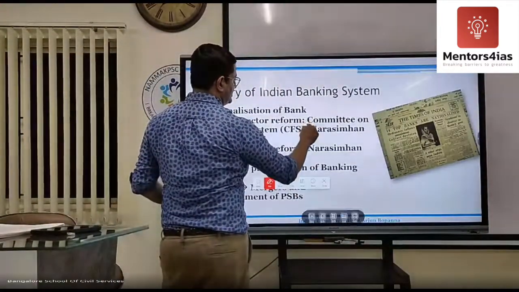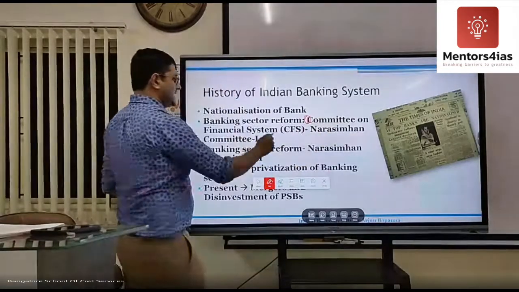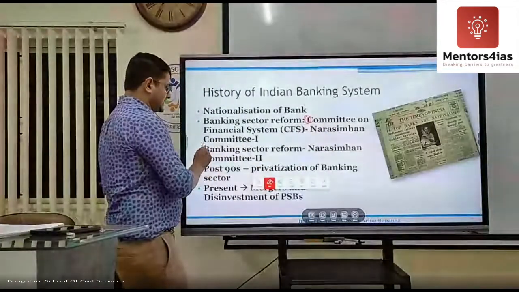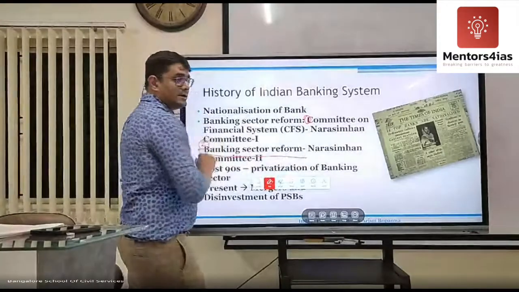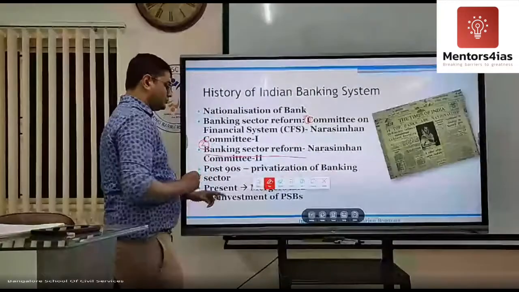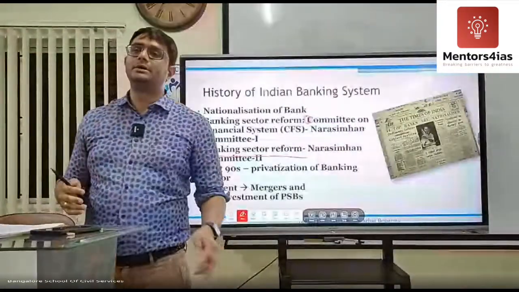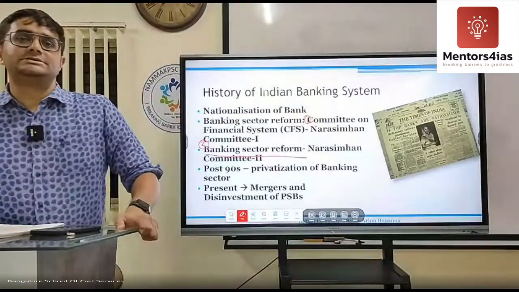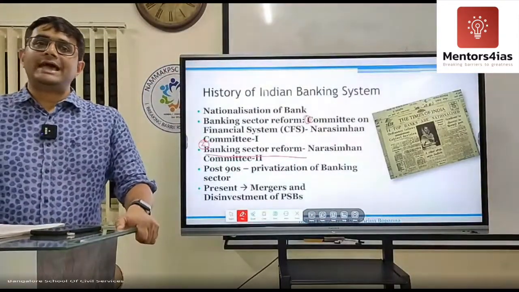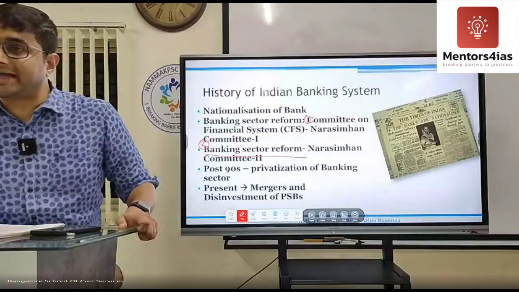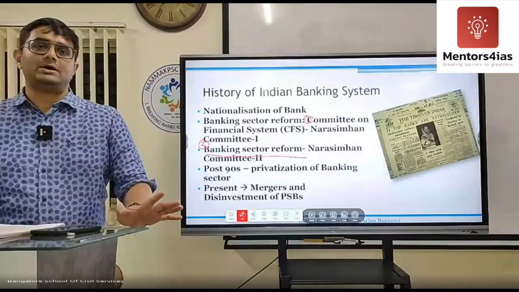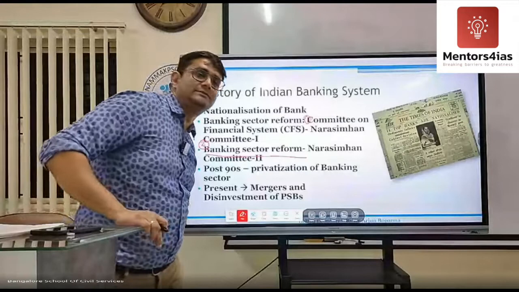One is the committee on the financial system, the Narasimhan committee, and the second one is on banking sector reform, Narasimhan committee 2. These were set up to advise the government as to how LPG reforms would be introduced in the banking sector. The recommendations of these committees we will discuss.